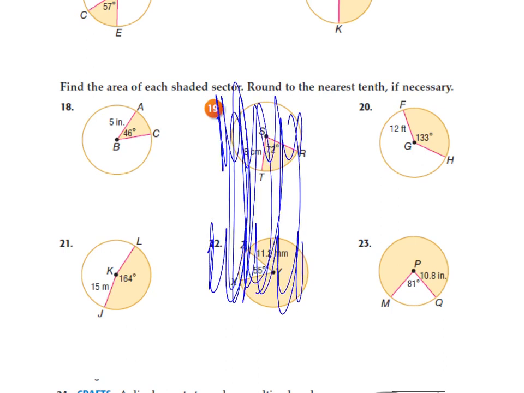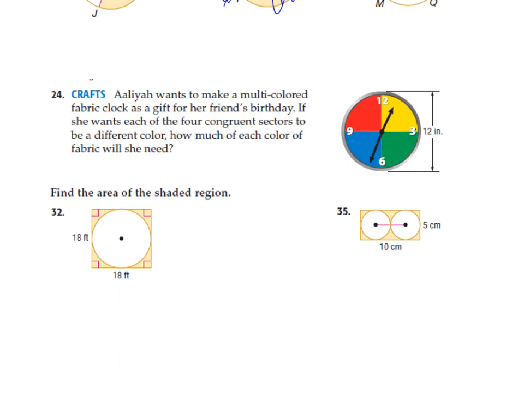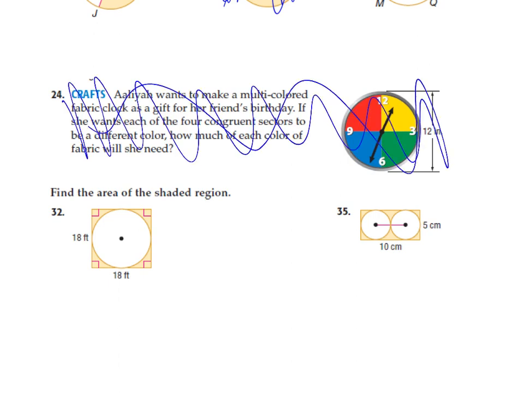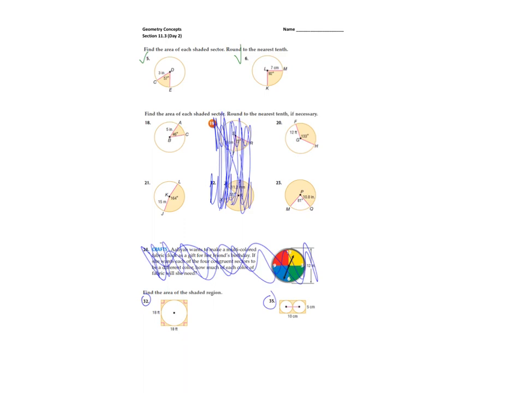All right, you can skip those two. Don't do those. You can skip 24. And then try 32 and 35. Okay, I want you to do those. So we're skipping 19. So no 19, no 22, no 24. You can do the rest.